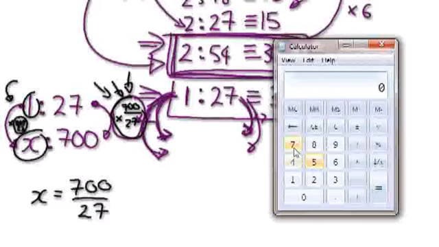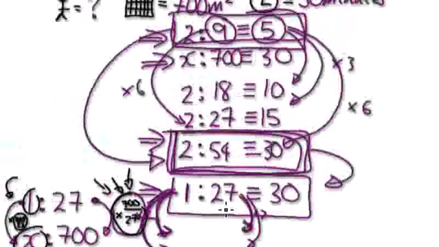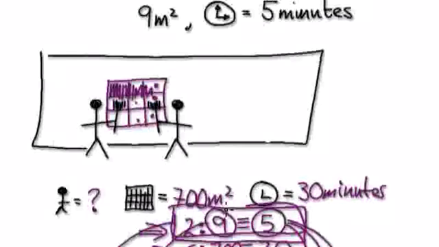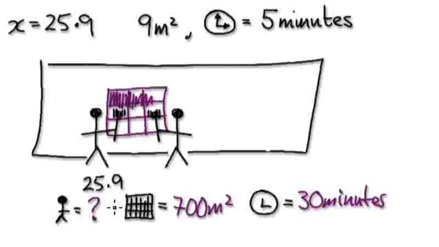Let me get my calculator. 700 divided by 27. So x here equals 25.9. Let's go back to the original problem. What's the answer? 25.9. Let me just jot this down. So we need 25.9 people to work.